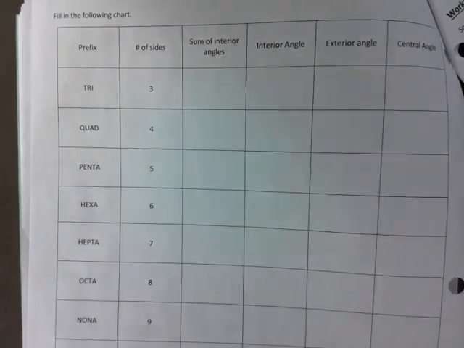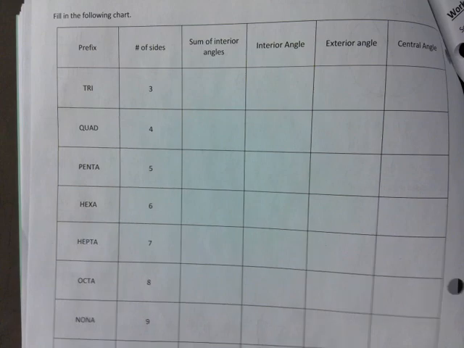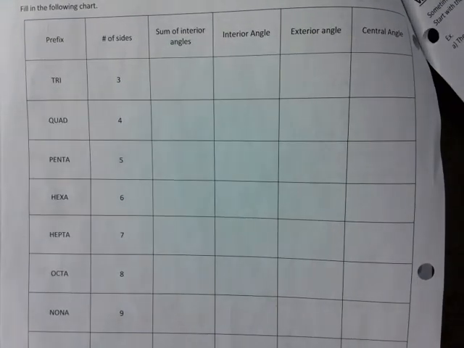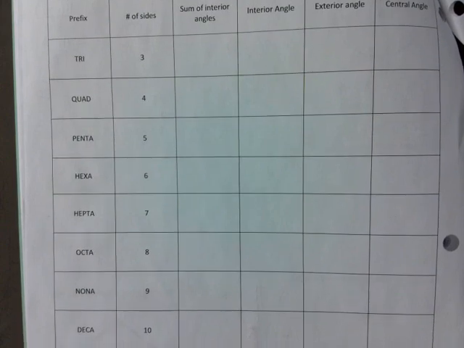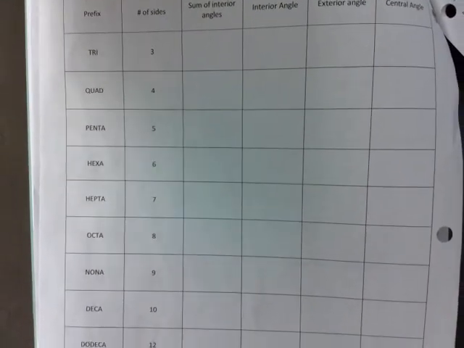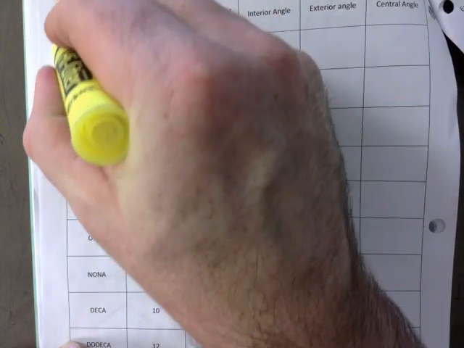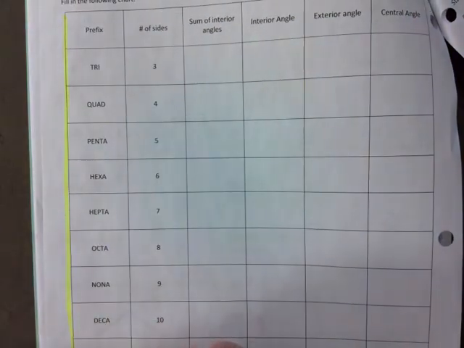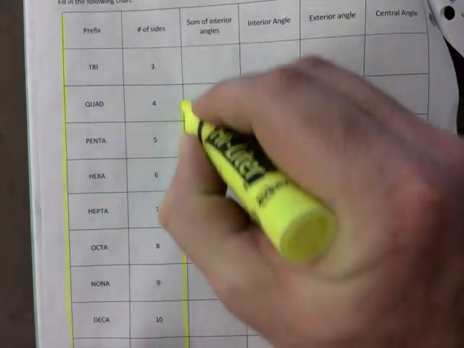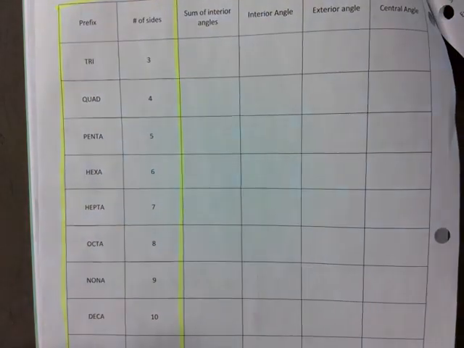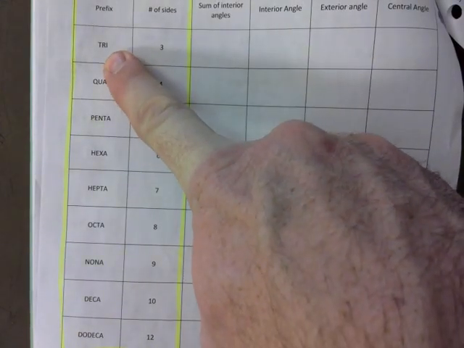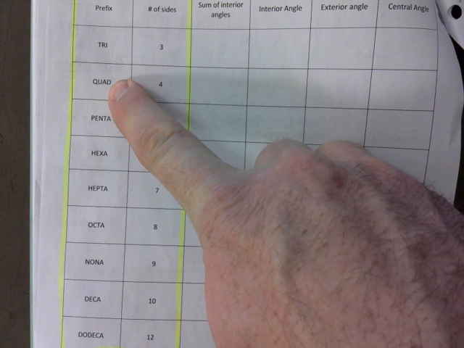Keep going. I usually fill this in, but you know what, it's too much work for what we get out of it, to be honest. The only thing I would strongly encourage you to, if you can fit this on your study sheet, because they have asked, what's the name? So for example, I will just highlight this part, the prefix that goes with the number of sides. So if it's a three-sided shape, it's a triangle. If it's a four-sided, it's a quadrilateral.